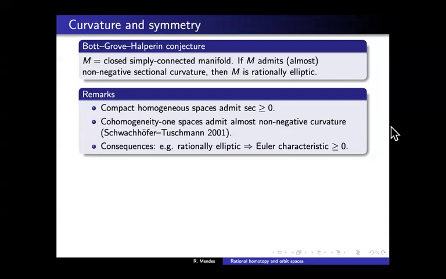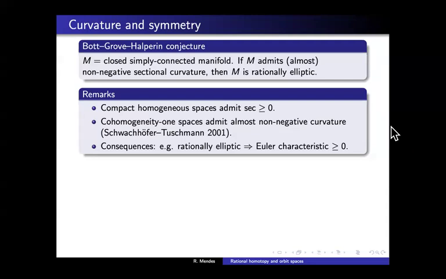So if you combine this with the conjecture, let's assume it's true, then you would get that non-negative sectional curvature implies non-negative Euler characteristic, and that is one of the Hopf conjectures. So this tells you that the Bott-Grove-Halperin conjecture is stronger than that Hopf conjecture.